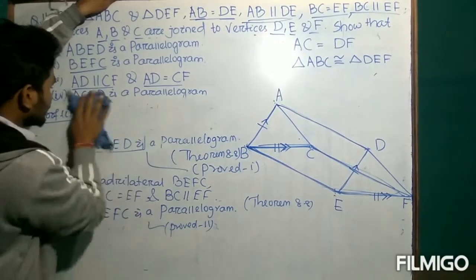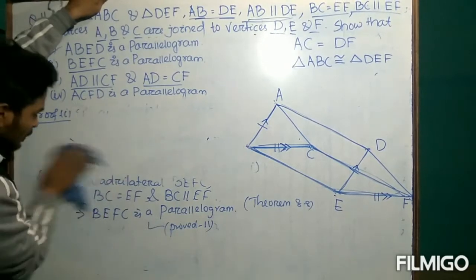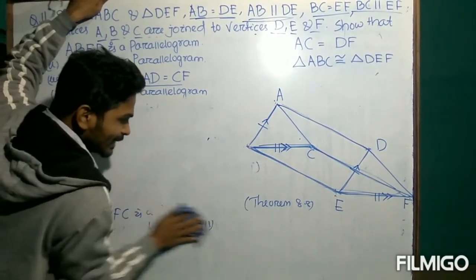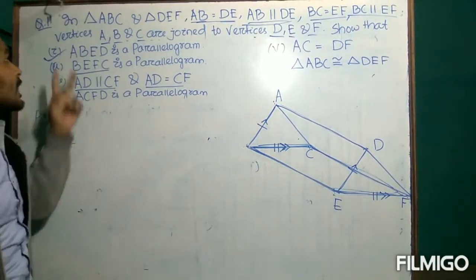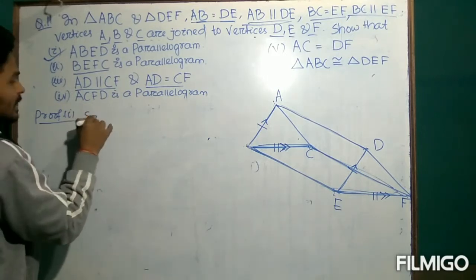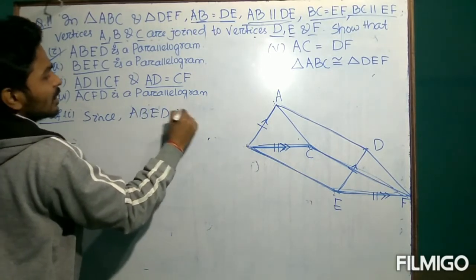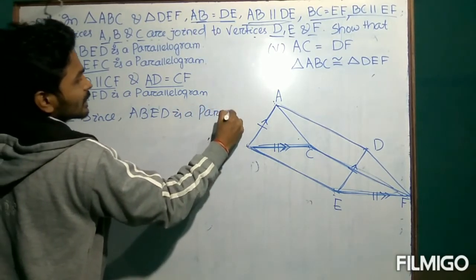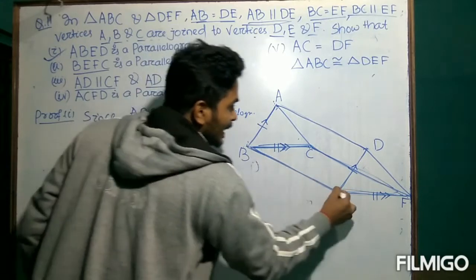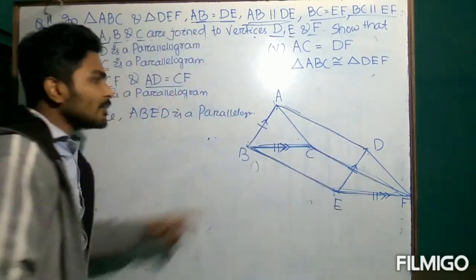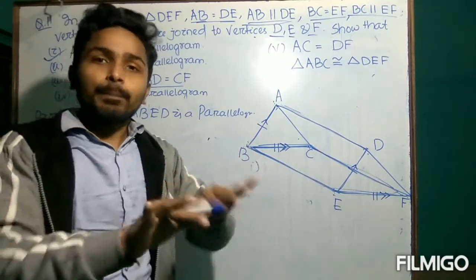In the third statement we have to prove that AD is parallel to CF as well as AD is equal to CF. How? In the first statement we have proved that ABED is a parallelogram. If ABED is a parallelogram, then we know a pair of opposite sides must be equal as well as parallel.